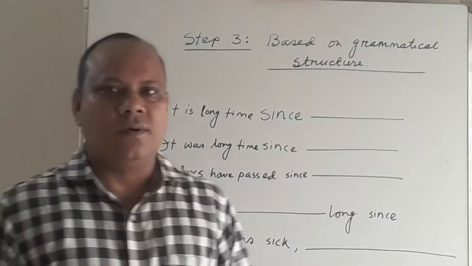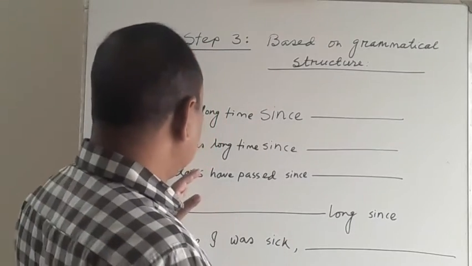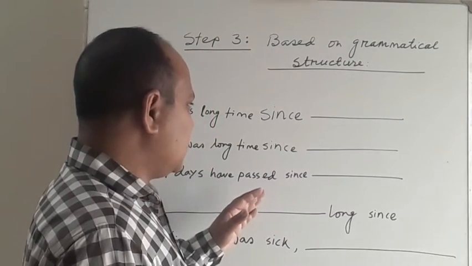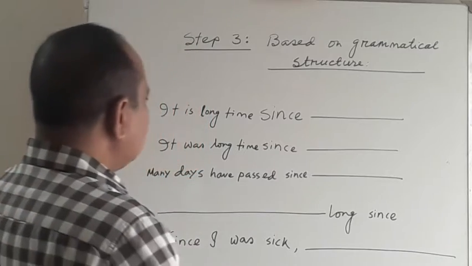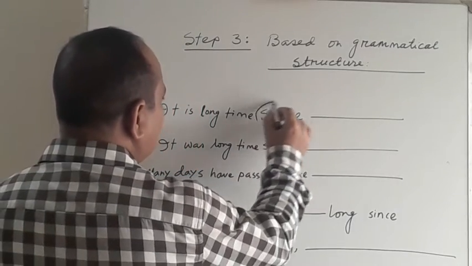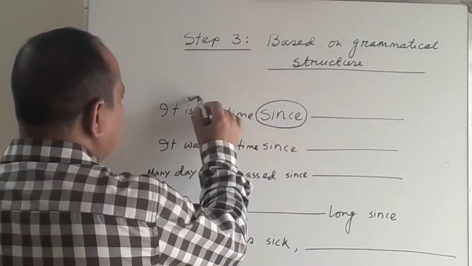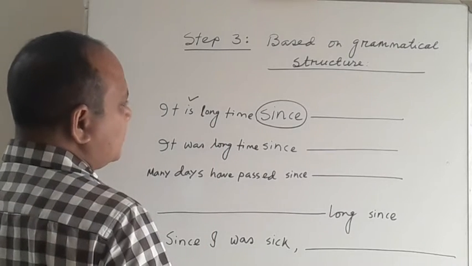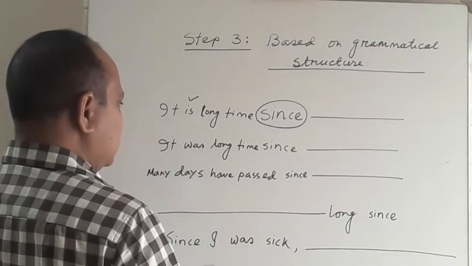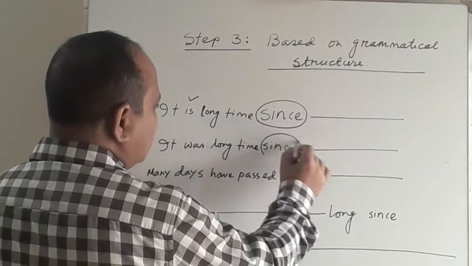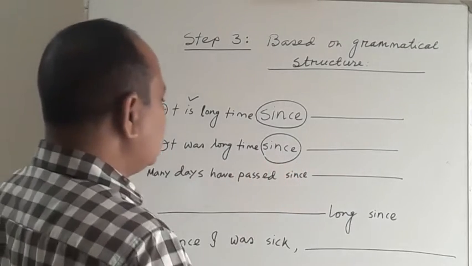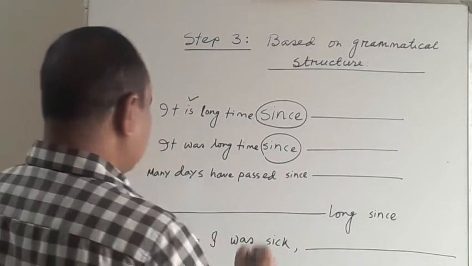Now, my dear students, come on, let's look at incomplete sentences with since. Look at the sentence. If the first part of since is present indefinite tense, the next part will be past indefinite tense. Likewise, if the first part of since is past indefinite tense, next will be past perfect tense.